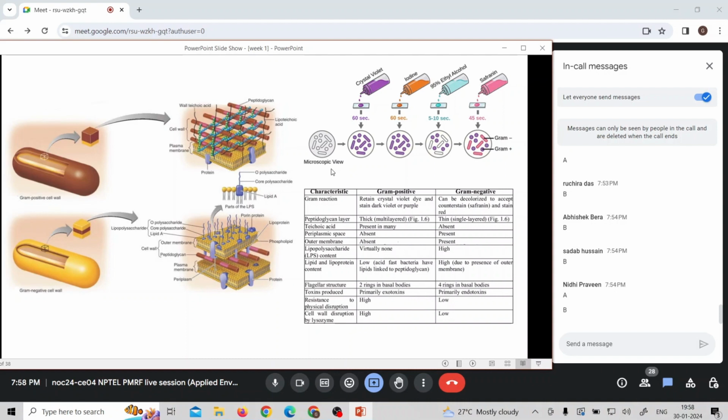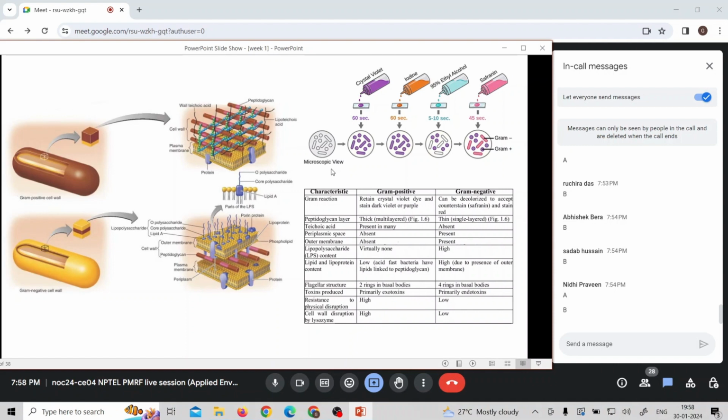Whereas in the gram negative cell wall, there is a plasma membrane, a space in between known as the periplasmic space or the periplasm, and finally another outer layer, called the lipopolysaccharide layer or the LPS layer.